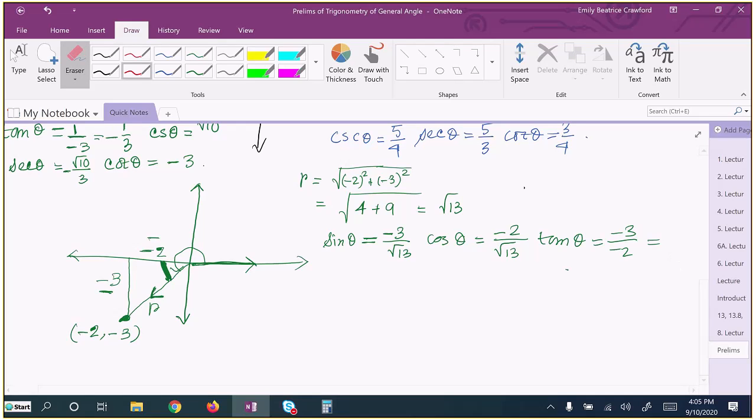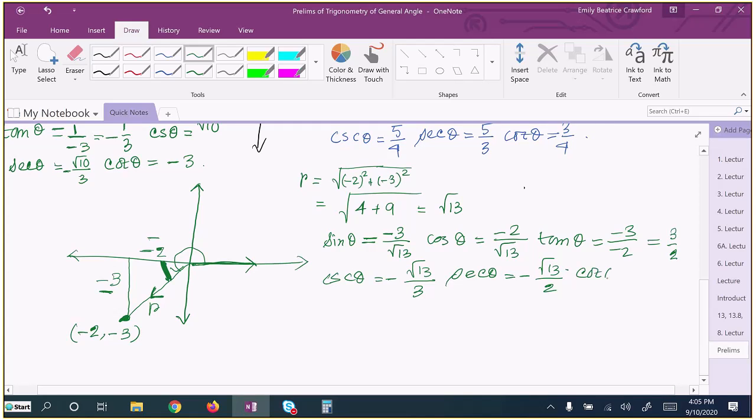So this time I find that my tangent is actually positive even though the sine and cosine are negative. And then cosecant is reciprocal of sine, so you can say this is negative square root of 13 over 3. Secant theta is the reciprocal of cosine, so that's negative square root of 13 over 2.